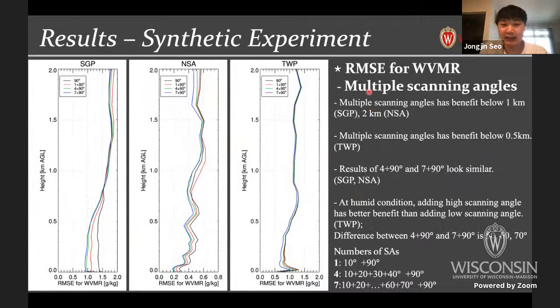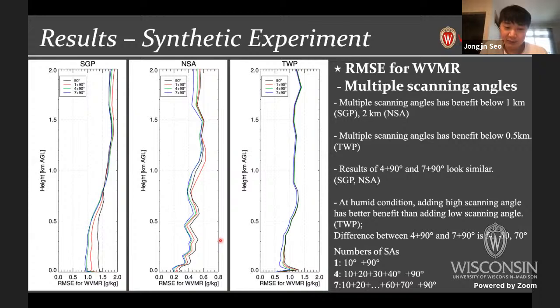And the last result is RMSE for water vapor mixing ratio at multiple scanning angle test. So also we can see the multiple scanning angles have benefit below 1 kilometer for SGP and 2 kilometers for NSA case. And also there is improvement in TWP site.